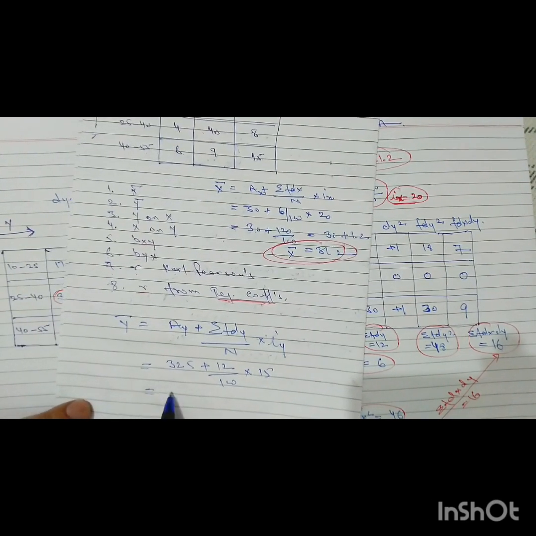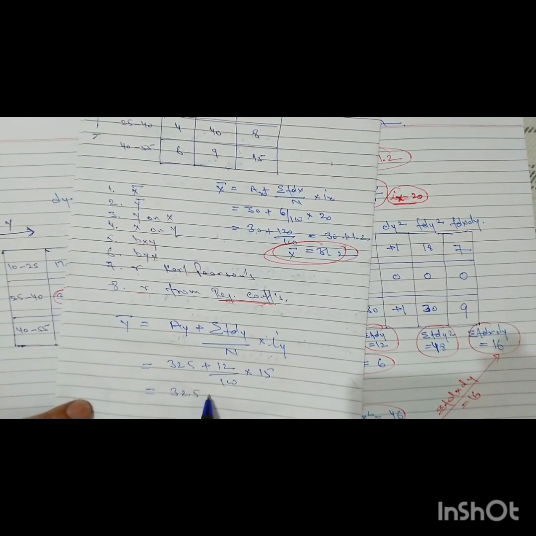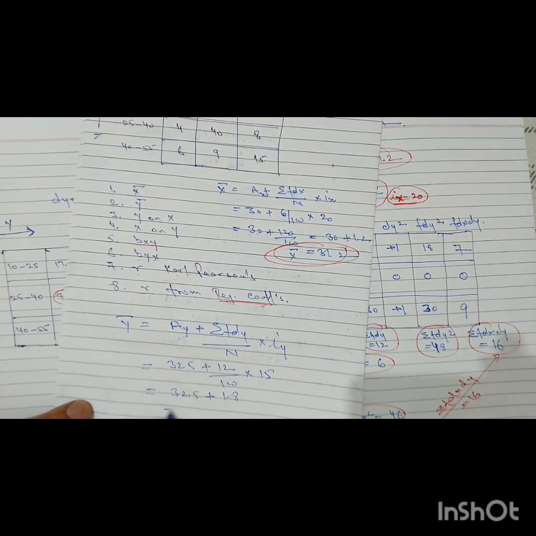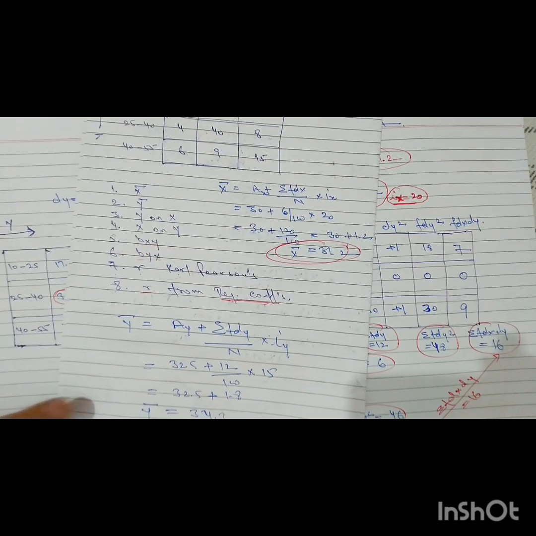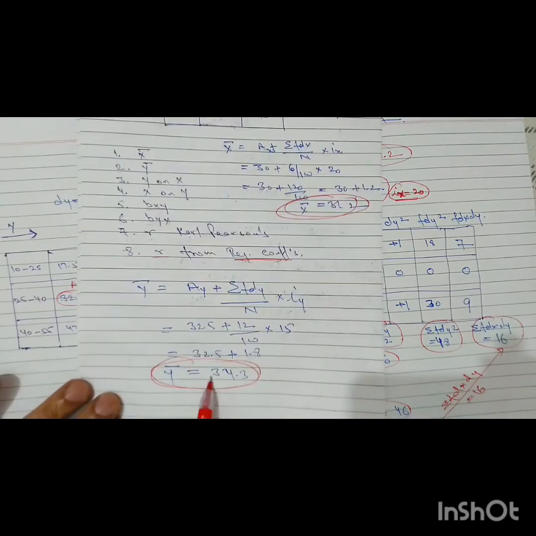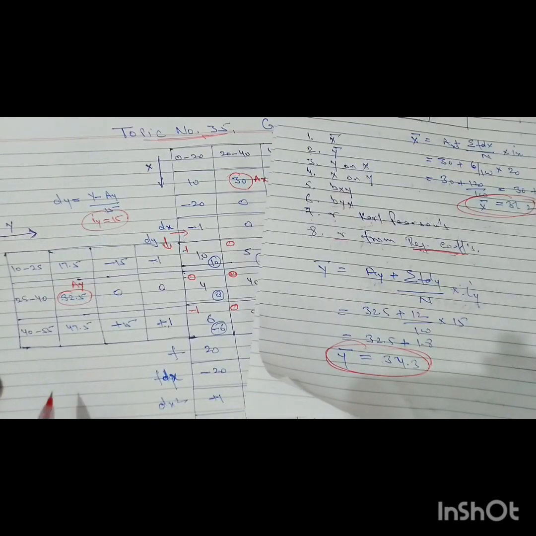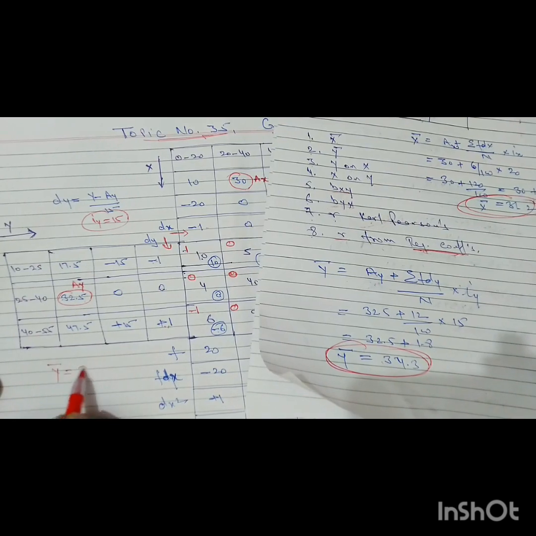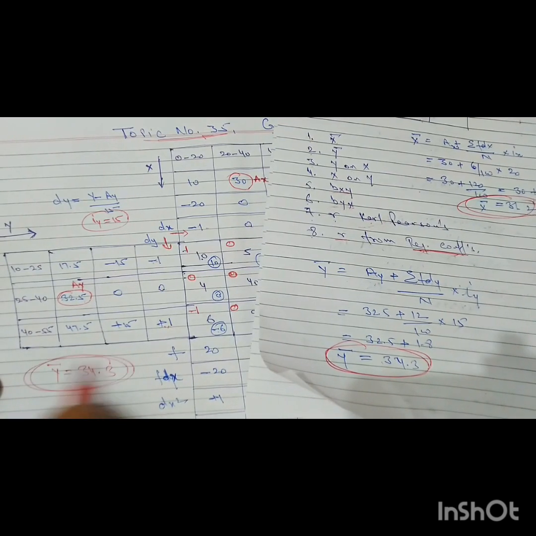which means 32.5 plus 1.8. Therefore, y mean is 34.3, by calculating with the mean formula.